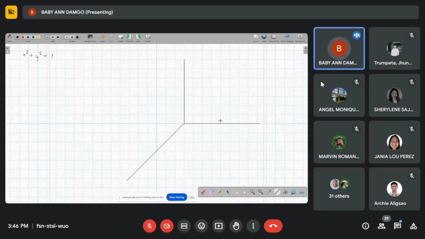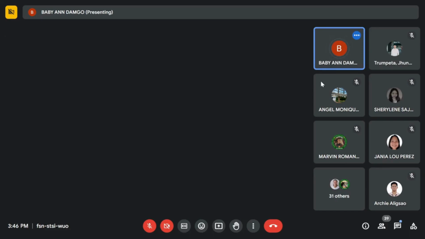Ang ako lang himuon class kay tag 3 interval lang ha. This is 1. And then this is x squared plus y squared is equal to 1.